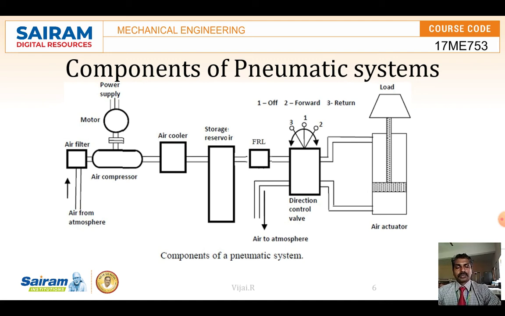The piston moves up and down because of this movement of fluid on either side. These are called cylinders, where the piston moves with the help of the actuator. So this is the pneumatic system.